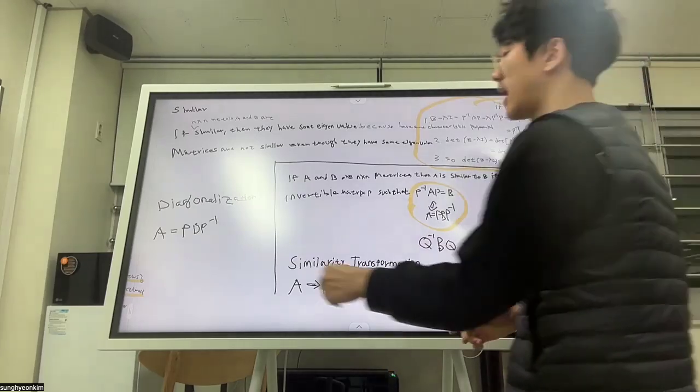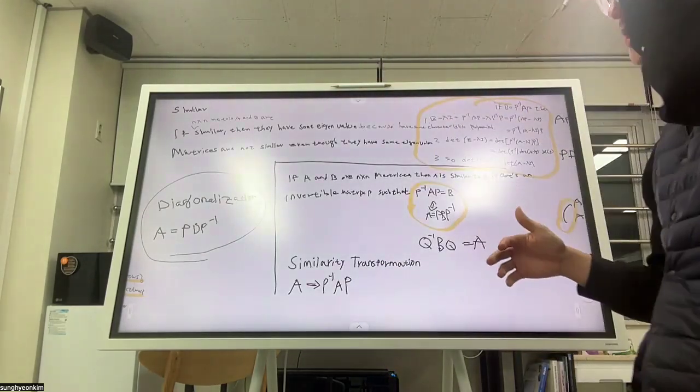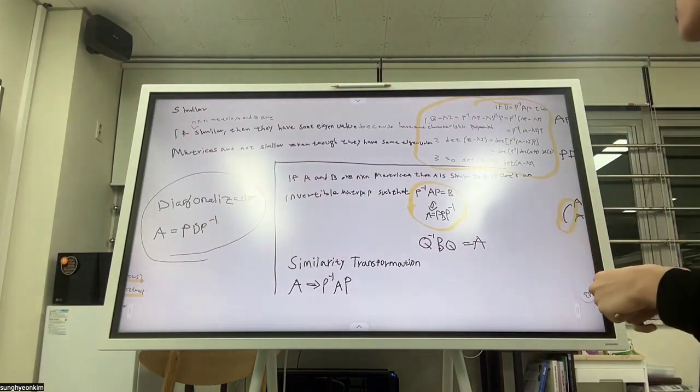It is related to diagonalization, where we can factorize A equals PDP minus 1.